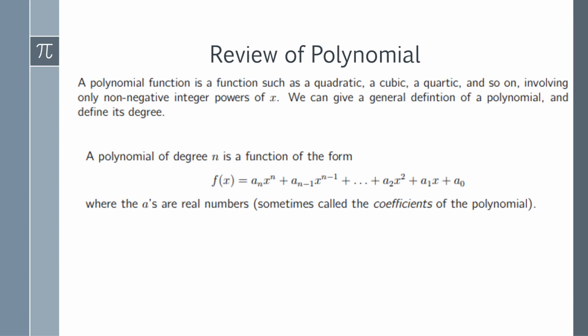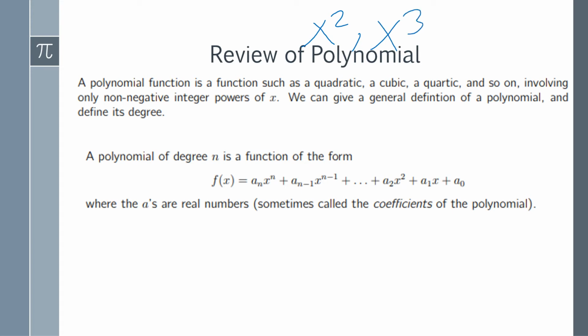All right, let's review polynomials. So we know a polynomial function is a function such as a quadratic, which we know is a power of what? Power 2. Cubic, being to what power?